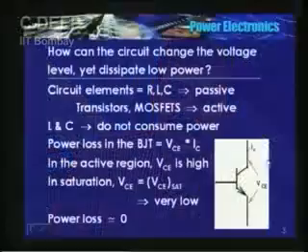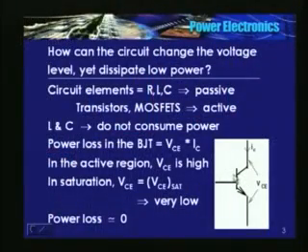Okay. See in this circuit, I have an NPN transistor. Now what is the power loss that is taking place in the device when it is on? It is the collector current IC times VCE that is dissipated here as power loss.